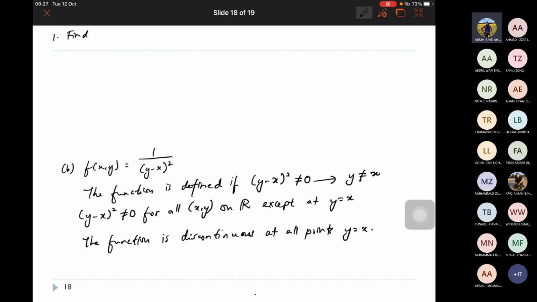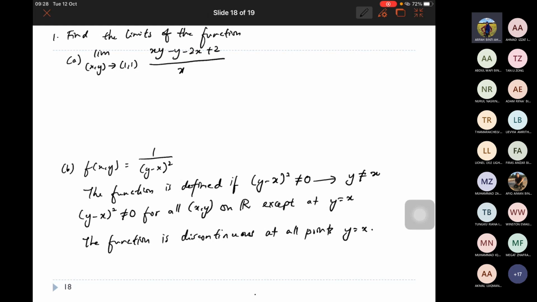So find the limits of the function, okay, a, the limit of x, y approaches 1, 1, xy minus y minus 2x tambah 2, okay, x divided by x minus 1.